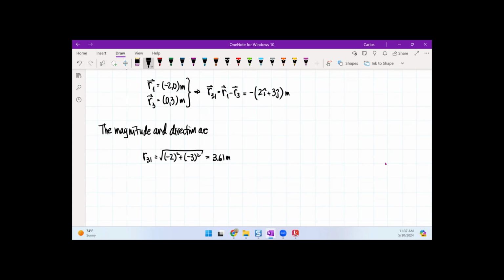The direction is the tan inverse of -3 over -2.